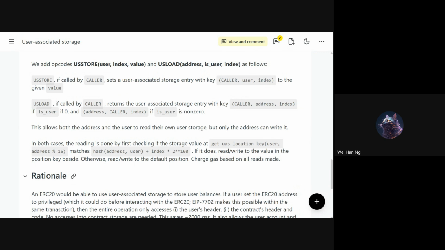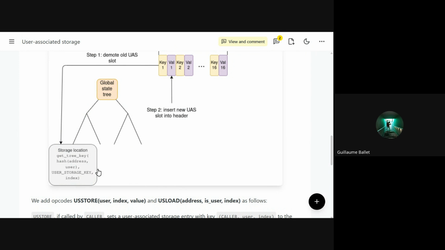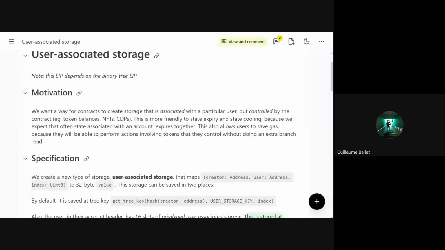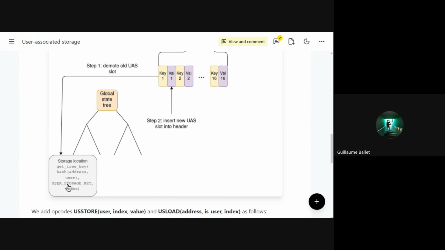That means we'd be expanding on this UAS to not just 256, but more than that. Yeah, effectively, this is doing that. This is creating locations in the tree that are, I guess, not like the binary tree is uniform, so storage doesn't live under a user's account, but it's effectively in an index that's bound to the user.